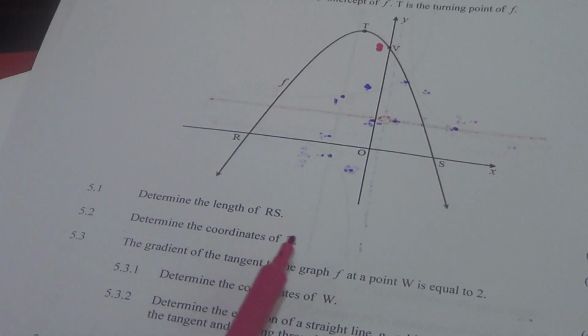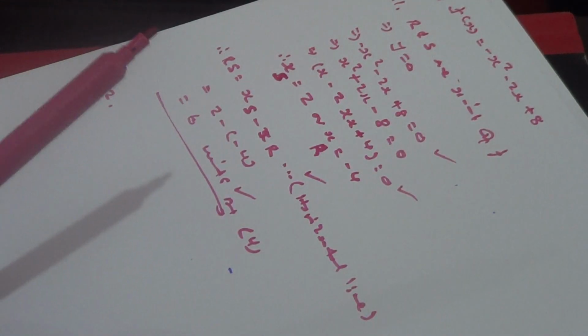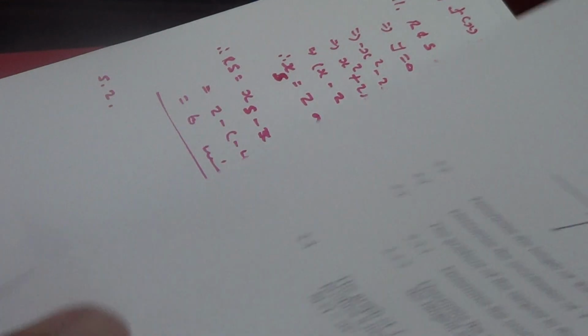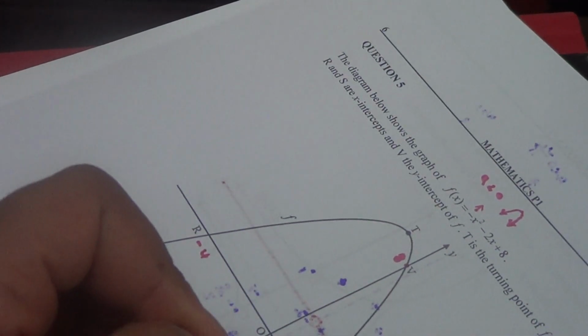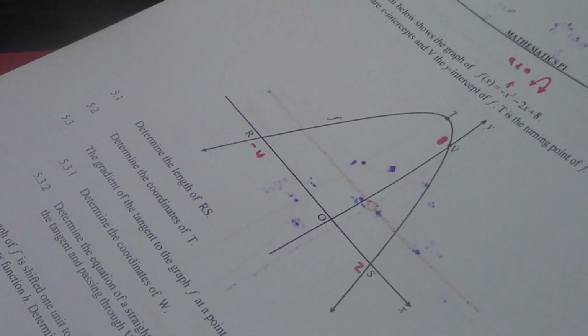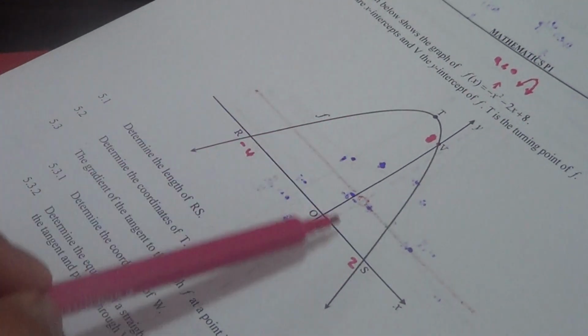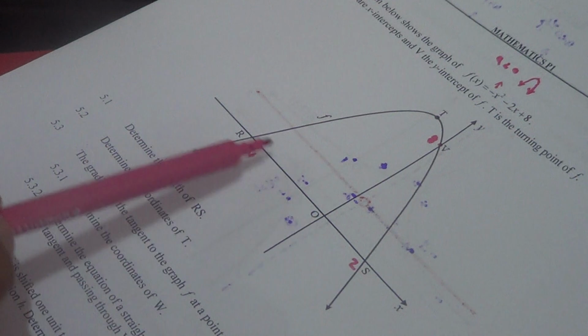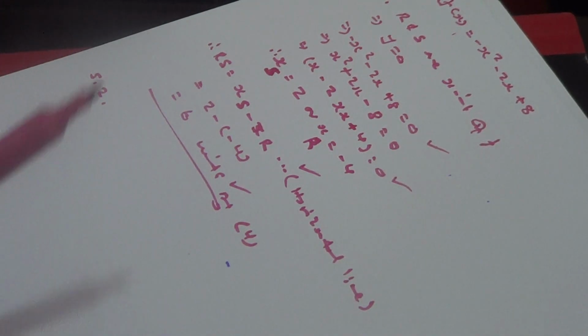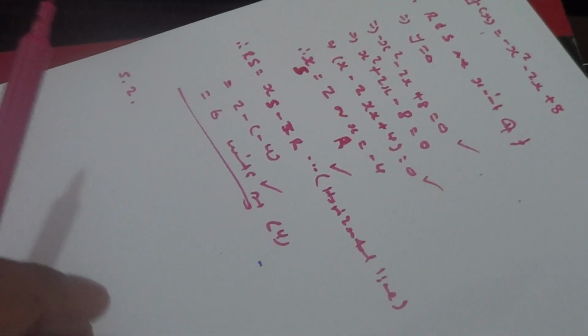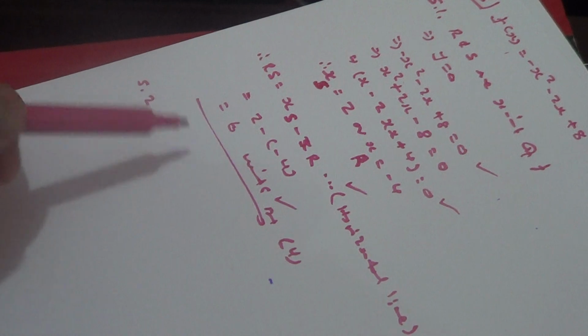Anyway, let's keep going. Now determine the coordinates of T, 3 marks, easy here. So I found out that this is minus 4, then I found out that that was 2. So for me, I know that the turning point is halfway between these 2 points. So I like to use the graph more than I use algebra, but it's up to you what you do really.